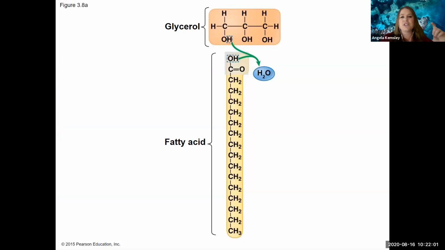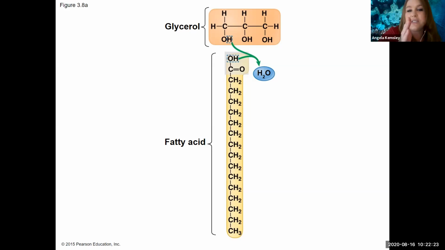So here's your glycerol at the top. You'll notice the orange box. That is glycerol. The bottom is one fatty acid chain, and they're linked together by taking a hydrogen from glycerol and the OH from the top of the fatty acid chain, doing a dehydration reaction, removing a water molecule, and then they link together.